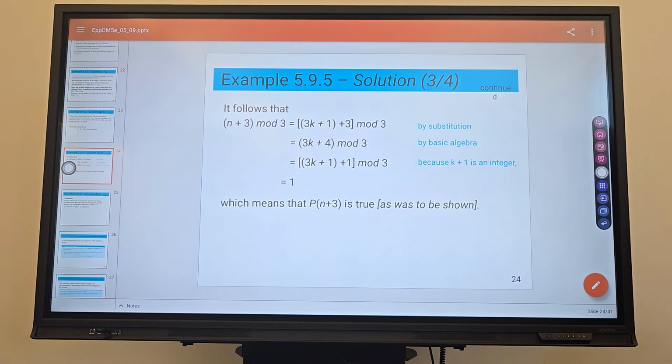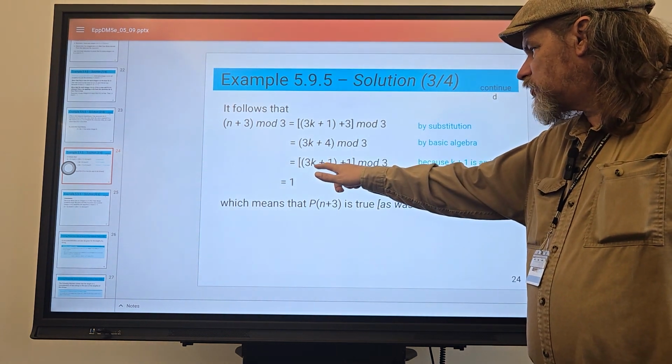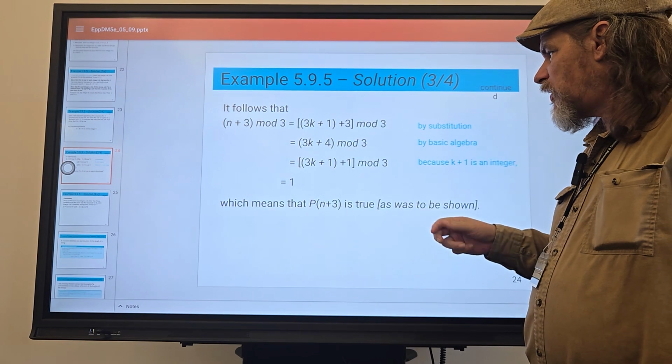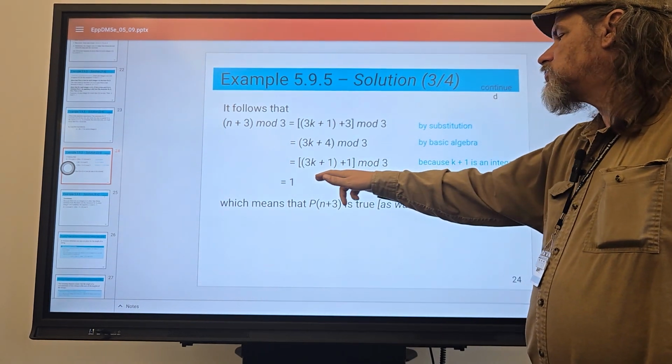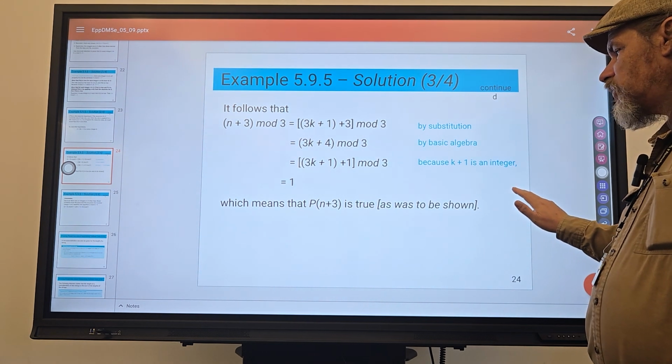And then 3 times k plus 1, because k plus 1 is an integer, plus 1 mod 3, which equals 1. Yeah, 3 times k plus 1 is going to be divisible by 3, plus 1 mod 3 would be 1, which means that P of n plus 3 is true, as was to be shown.